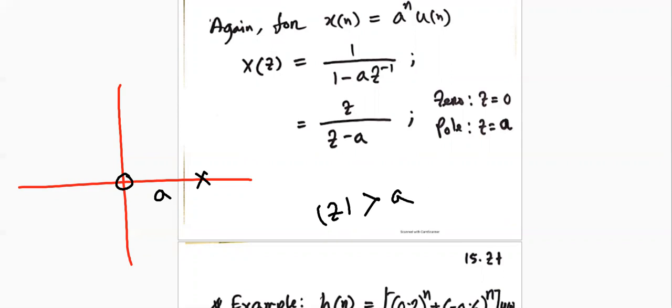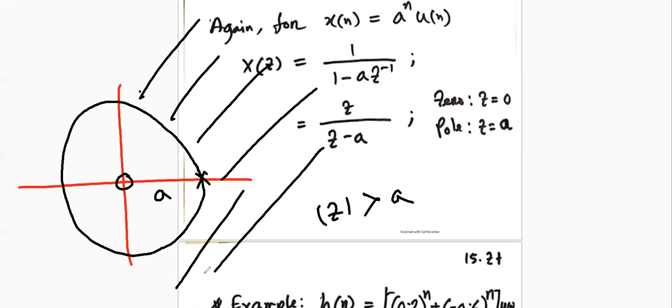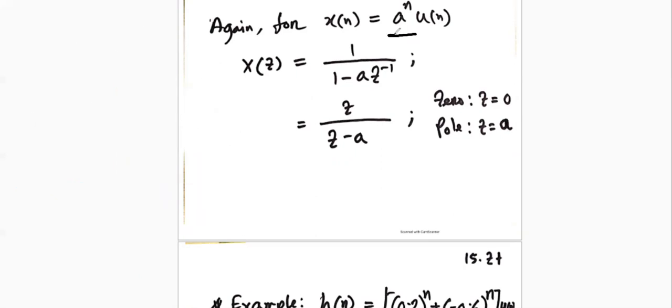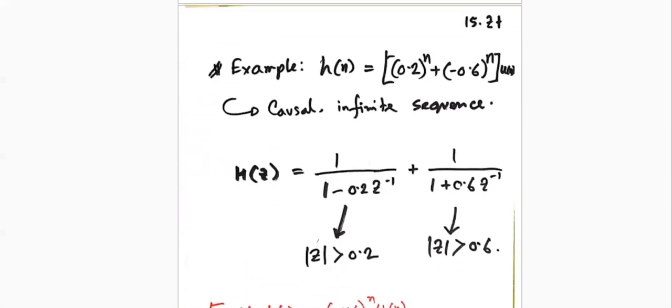So more than a, all values are in the ROC. If we need to draw a circle, it looks very odd. Still, I can't draw the circle properly. Okay, so more than this. Of course, this looks like a circular distribution. This is again for the infinite series. For the finite series, you have the whole plane with or without the 0 or infinity value.